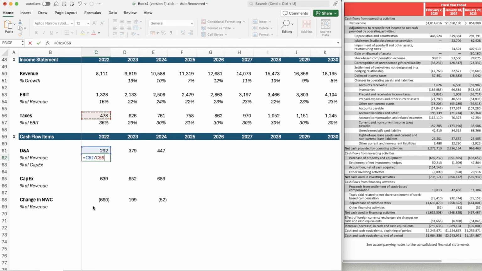So we want to know what it is as a percentage of revenue. We want to know what D&A is as a percentage of CapEx.